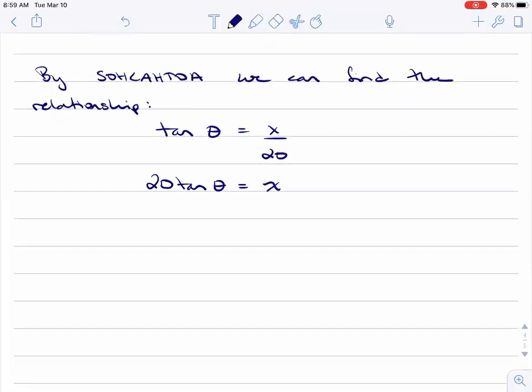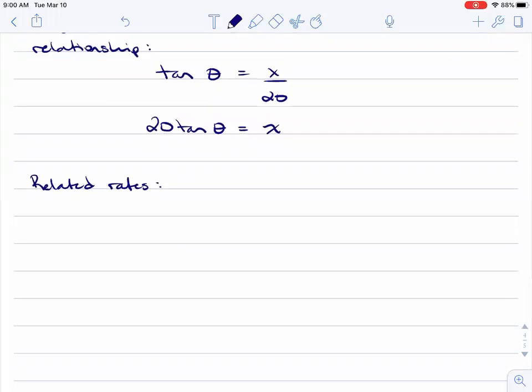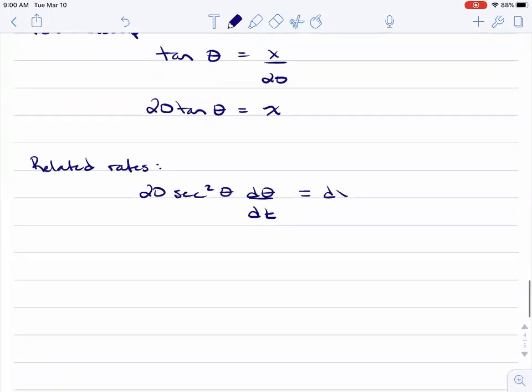So now we want to find the related rates, which means we have to take the derivative of both sides with respect to t. So we've got the derivative of tan theta, which is going to be 20 secant squared theta d theta dt. There's no explicit t in there. And then on the x side, we've just got dx dt.